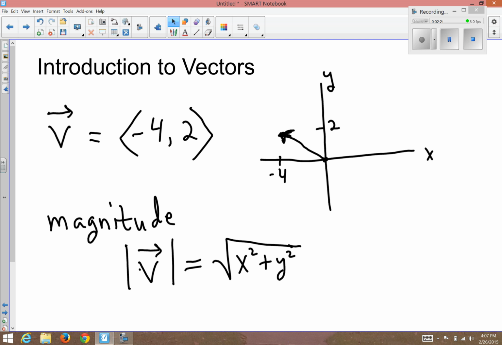That is the Pythagorean theorem. The distance along the slanted arrow could be thought of as the hypotenuse of a right triangle, where one side is 4. That's this. The distance here is 4. And another side is 2. That's 2 right there. So here was the vector.